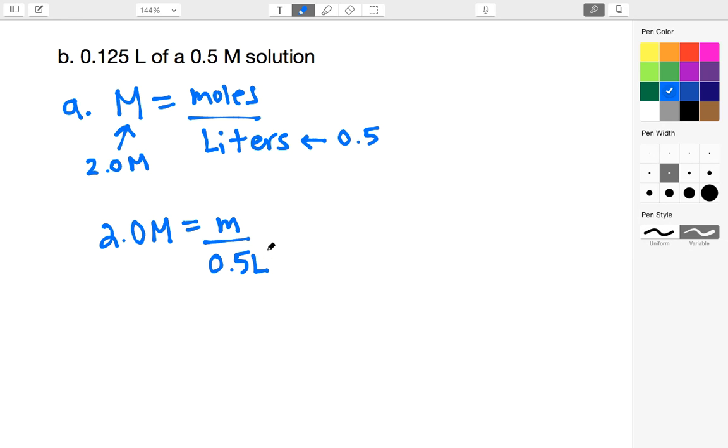So basic algebra here. I need to get m by itself. Here, m is divided by 0.5 liters, so I'm going to multiply both sides by 0.5 liters. And that will get m by itself because this crosses out. 0.5 liters times 2.0 molarity, if I plug that into my calculator, should give me 1 mole.